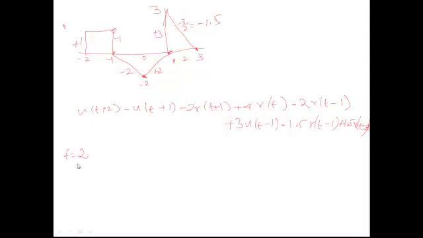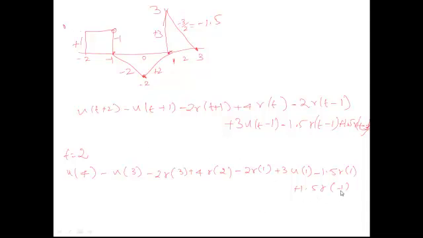The first part becomes u of 4, the second part becomes u of 3, minus 2 r of 3, plus 4 r of 2, minus 2 r of 1, plus 3 u of 1, minus 1.5 r of 1, plus 1.5 r of minus 1. I am just applying the value t is equal to 2 in this expression.